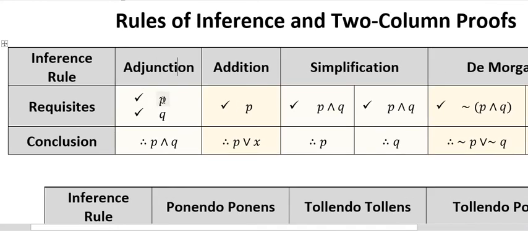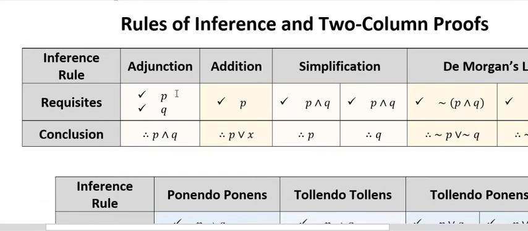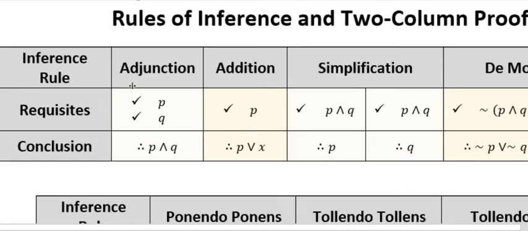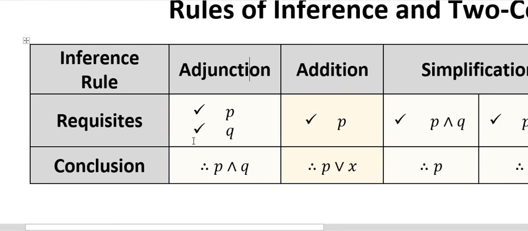There is no negation in here, it has to be positive P, something like that. But no, the rule only explains what to do with the two things that you have here. Okay, so let's try to explain them quickly, and then we're gonna talk about how to use them to write two-column proofs.